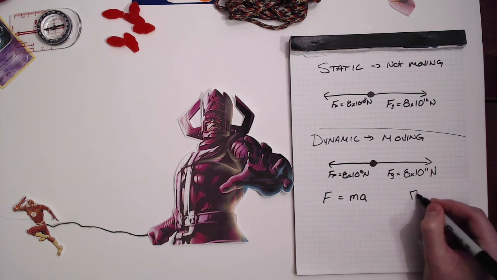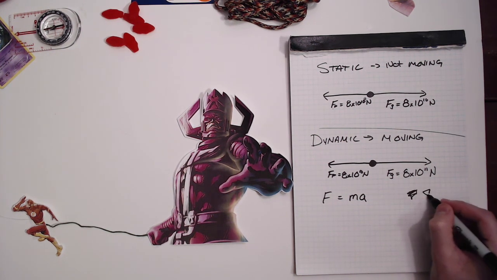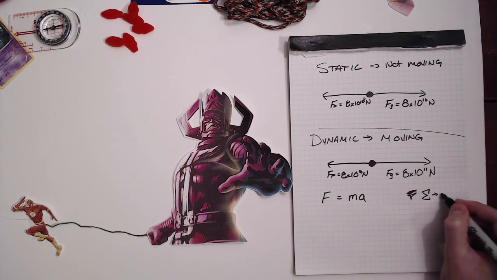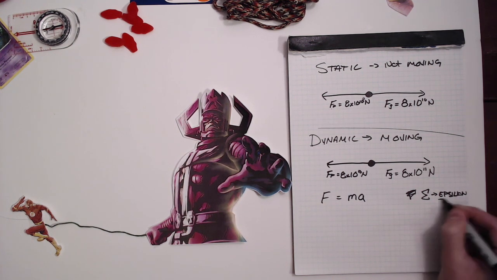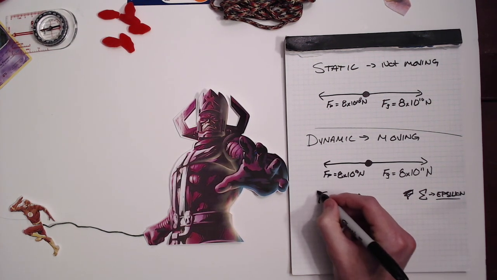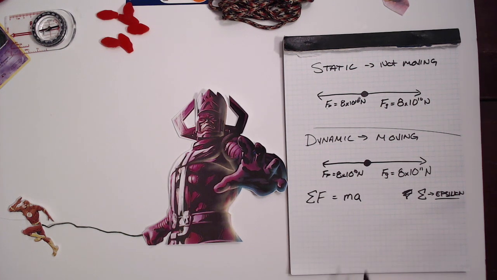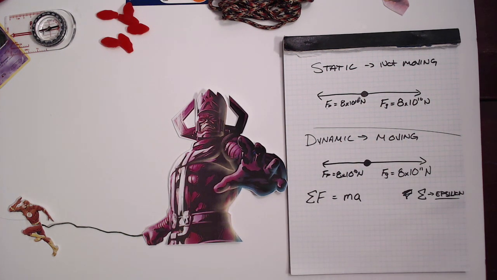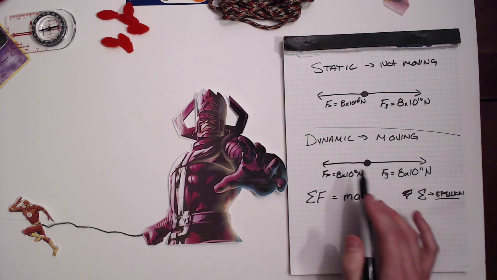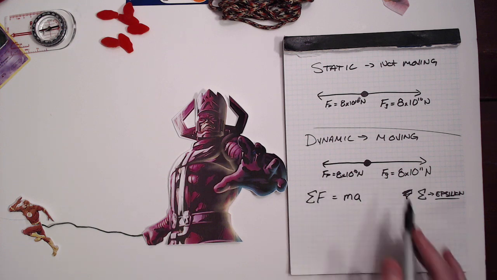This is a Greek letter called epsilon. And basically it just means a summation. You're going to take all of the forces that you have in your picture, and all you're going to do is you're going to add them up. Okay? So in this case we have two different forces here.